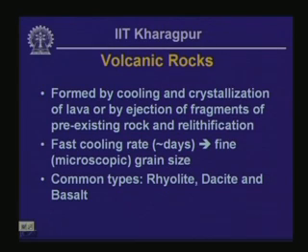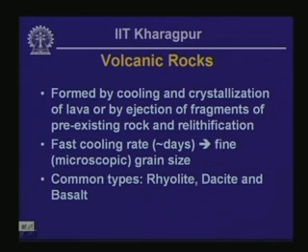The ejecta can also include fragments of pre-existing rock or volcanic ash, and these materials can also get welded together because of the heat of the process and lithify, or a rock mass forms out of the process. So a main characteristic of this process is a fast cooling of the rock forming material.